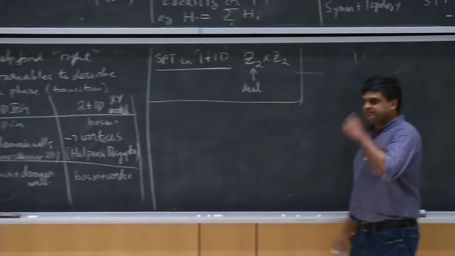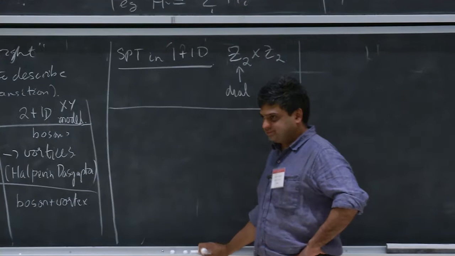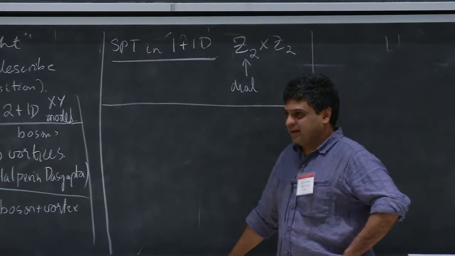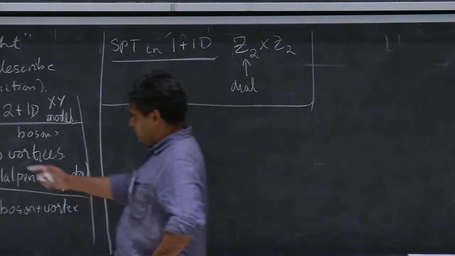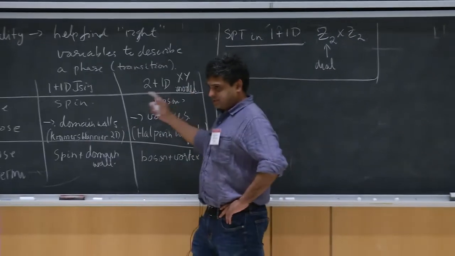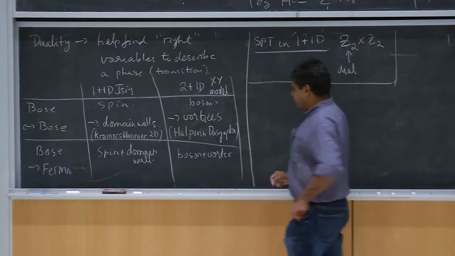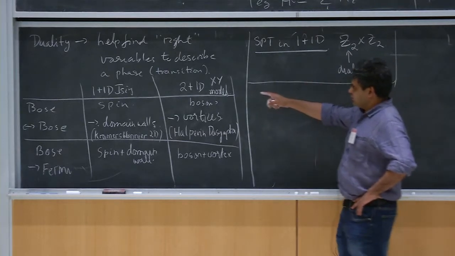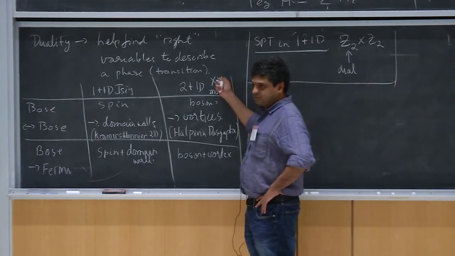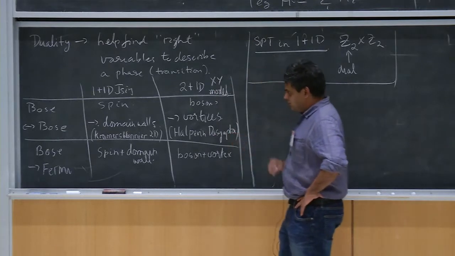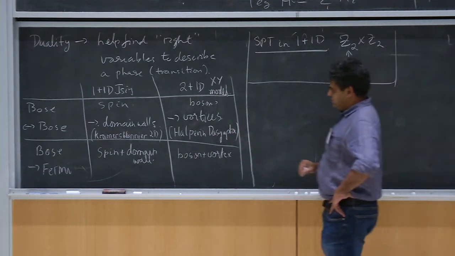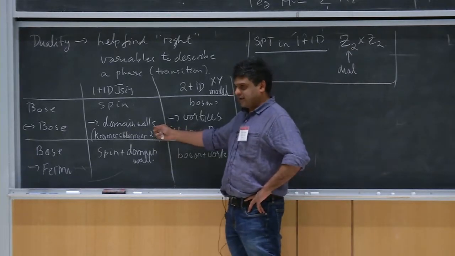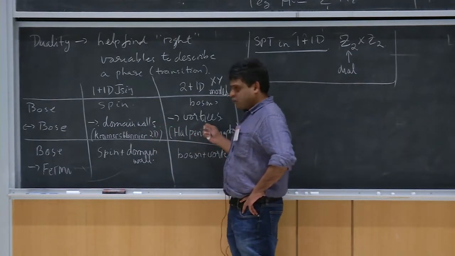How important is low dimensionality? It seems like you could keep going. Yeah, so one thing you notice is I changed the symmetry of my system as I went up. If you went to 3+1D, the natural thing to do is to go to a Heisenberg model. The key question will be that in these cases, this is a domain wall, which is sort of the defect of your ordered state, and this is a vortex.